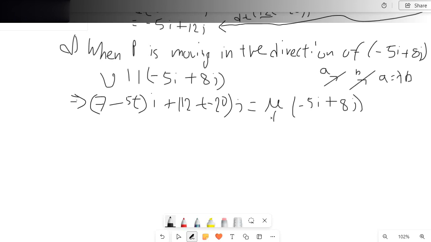You can also replace this mu using the symbol lambda, because this mu or constant can also be denoted by lambda or x or y or any symbol in particular. Here we use mu because it's a constant, and you could have also used the letter lambda here.